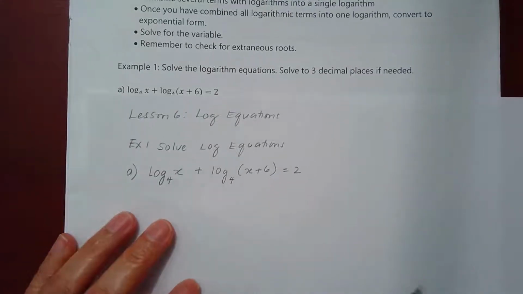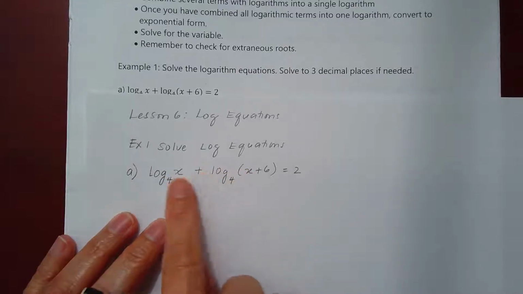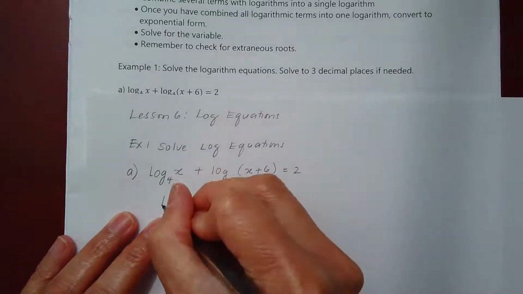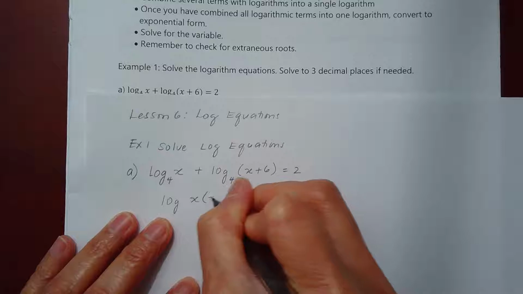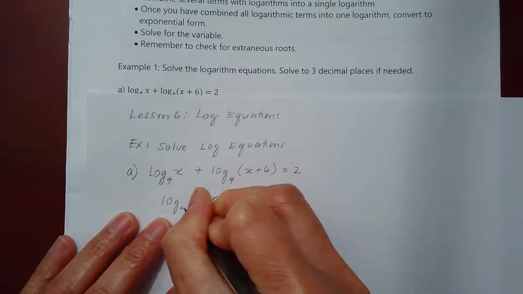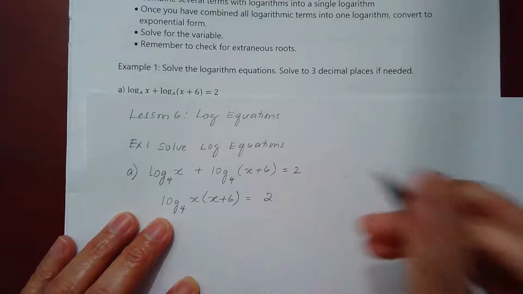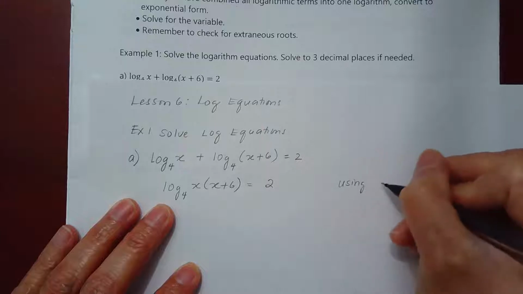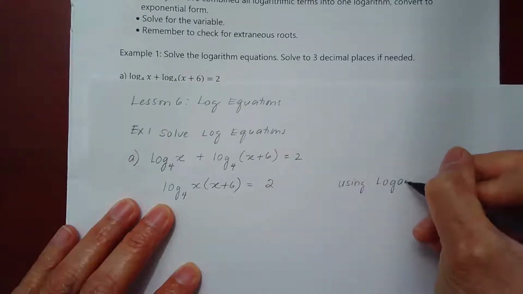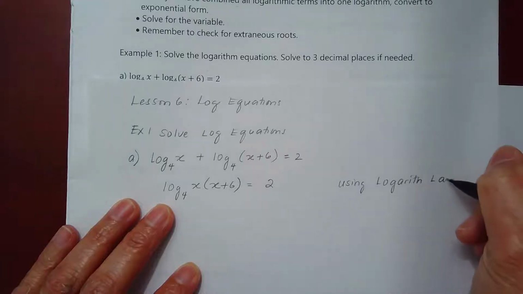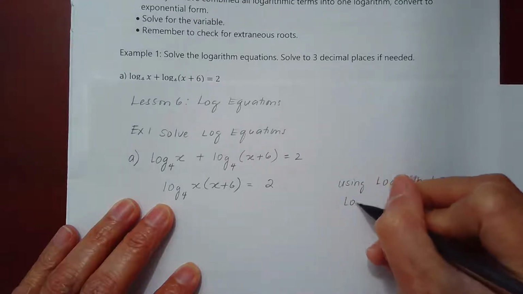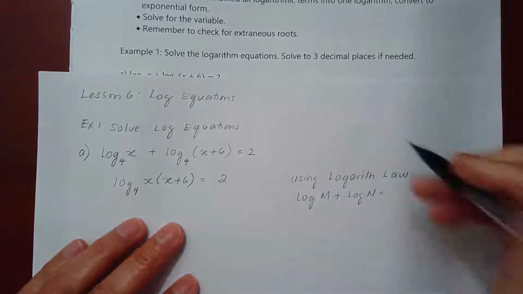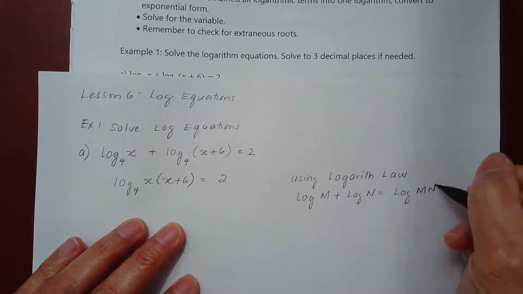Using the laws of logarithm, because these two logarithms base 4 are added, we can rewrite that as log of x times x plus 6, again base 4, equals 2. This is using the logarithm law: log of m plus log of n is equal to log of m times n.